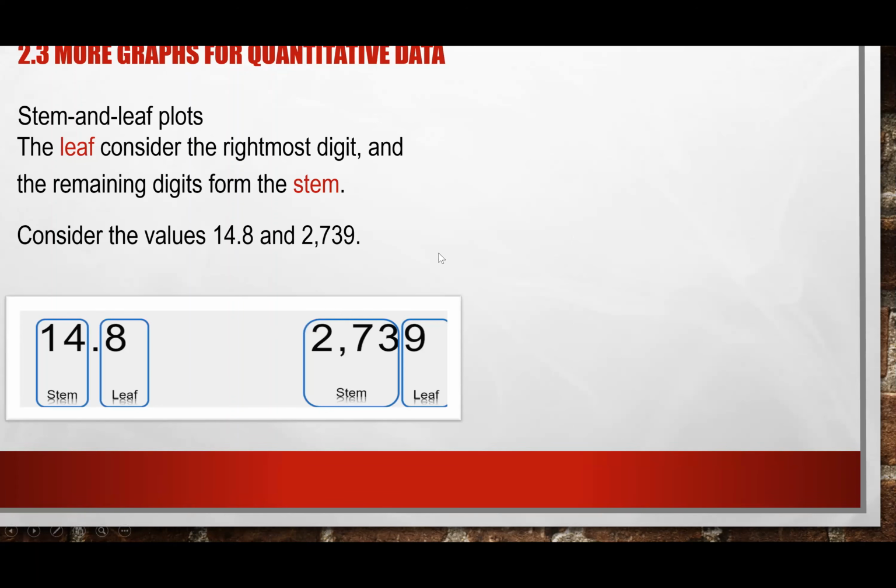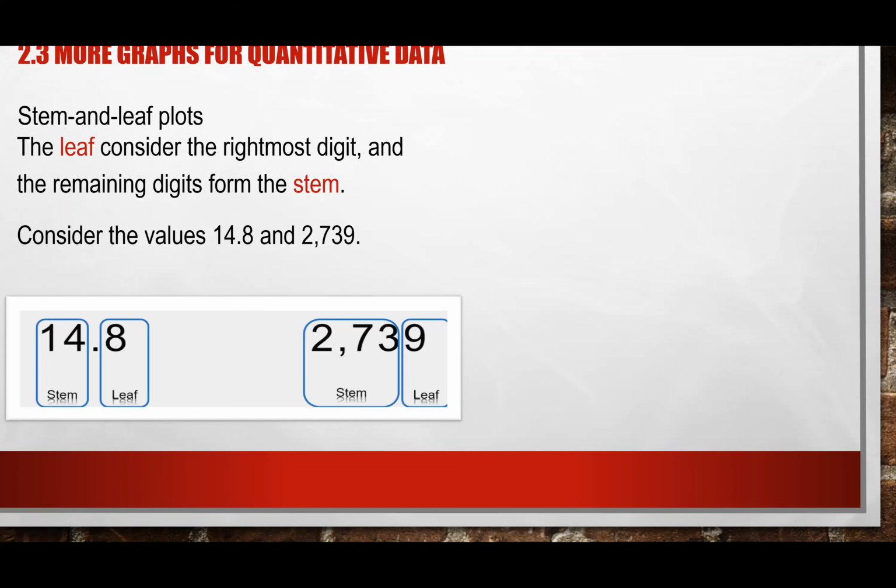Looking at this here, the smallest digit is 8. That will be your leaf. Everything else will be your stem. And same thing, the 9 will be your leaf and everything else will be your stem, right?